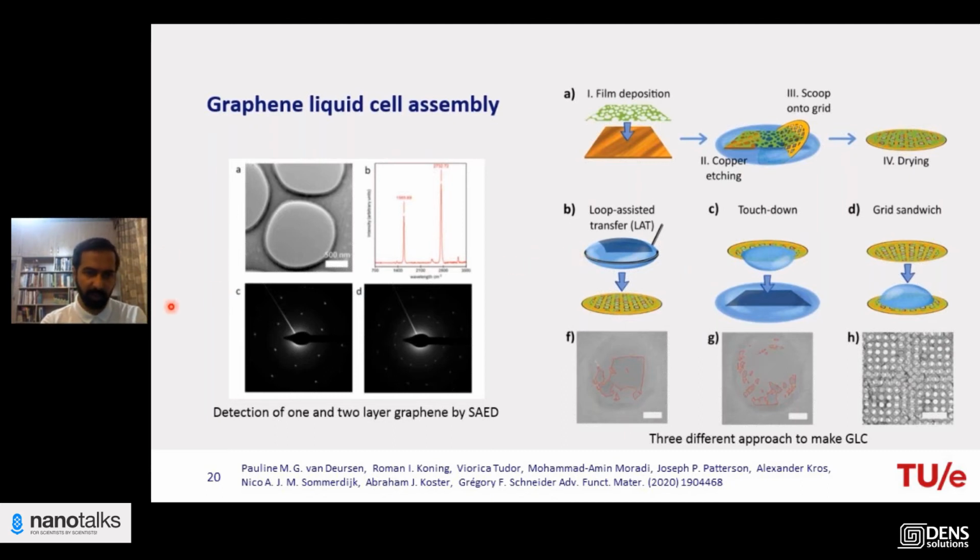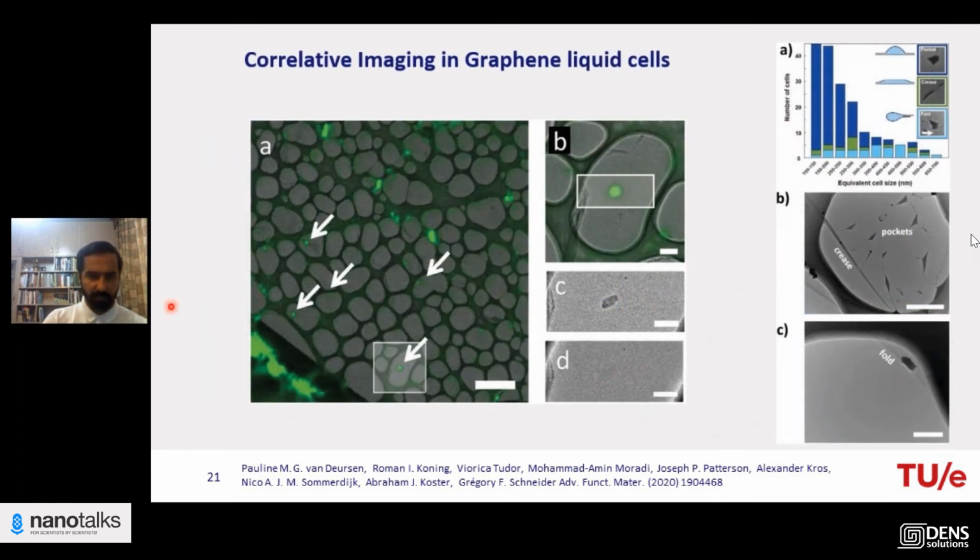And it has been checked by elemental analysis and electron diffraction methods. It has been checked also by using fluorescent molecules which dissolve in water, and then with light microscopy you could detect the place where water is present, and then correlatively using TEM and statistically analyzing the types of water pockets that you can see.